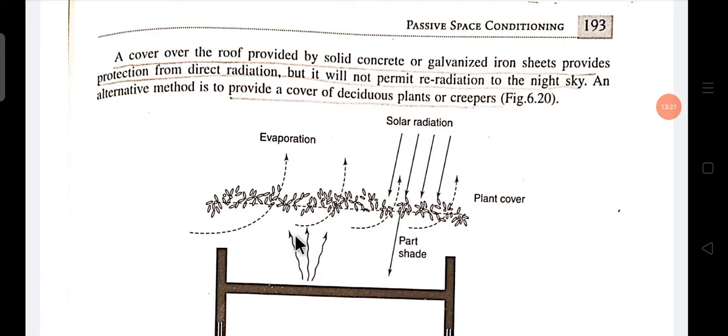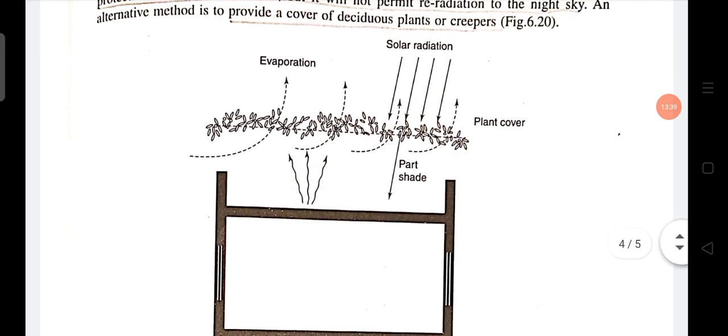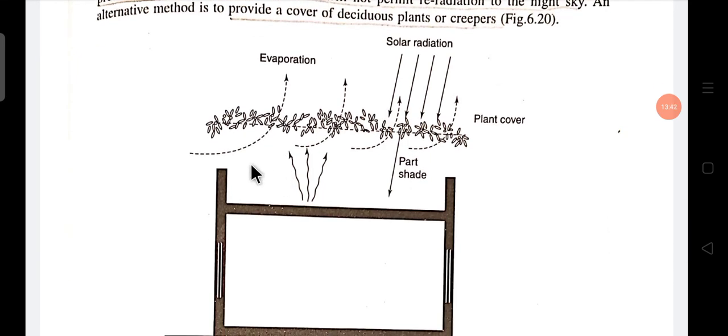And it does not prevent our building's emission at night time, because it is a plant and there is a gap in the shading. That means with deciduous plant shading, the radiation is blocked, but the emission of heat at night time from our building roof or wall is allowed.